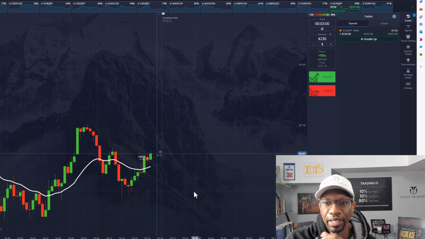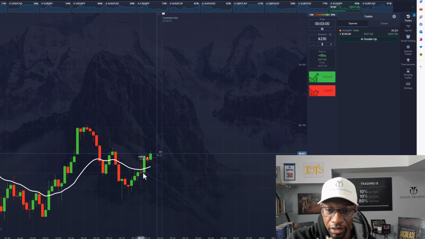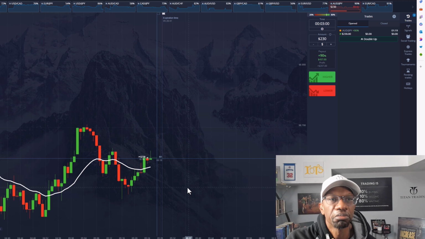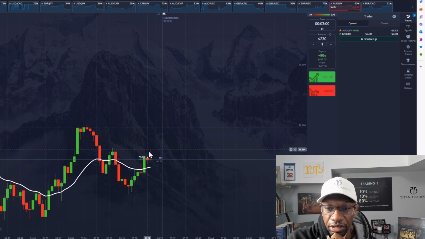I'm contemplating hitting the double up button because I'm getting another low, push up, higher low. Okay, that's off the table. It was the thought. Seeing this big candle rejection right here is not what we wanted to see. At least close green. Push up, push up.